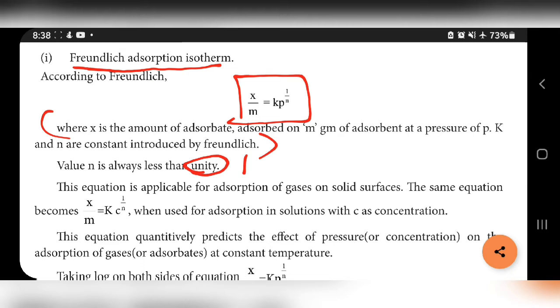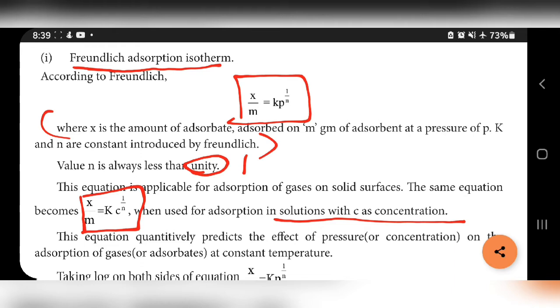Here we are considering these conditions only. The same equation becomes x by m is equal to k into c power 1 by n, where instead of p we use c, when used for adsorption in solution with concentration c.